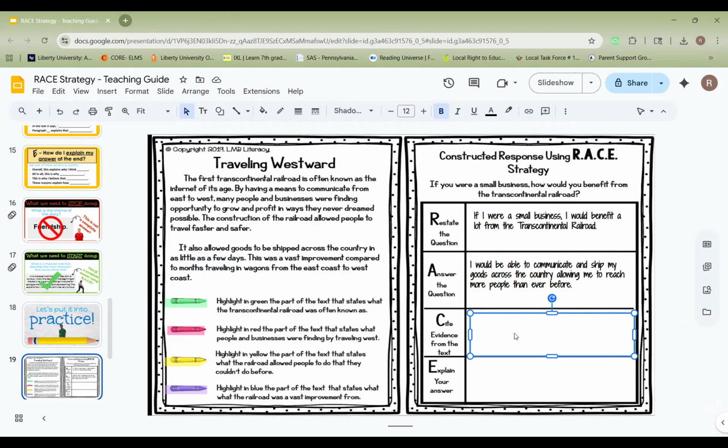So I would say the text states, and we want to make sure we quote it, by having a means to communicate from east to west, many people and businesses were finding opportunity to grow and profit.